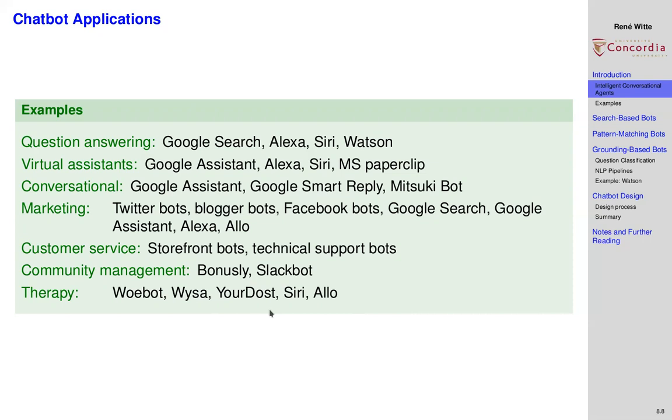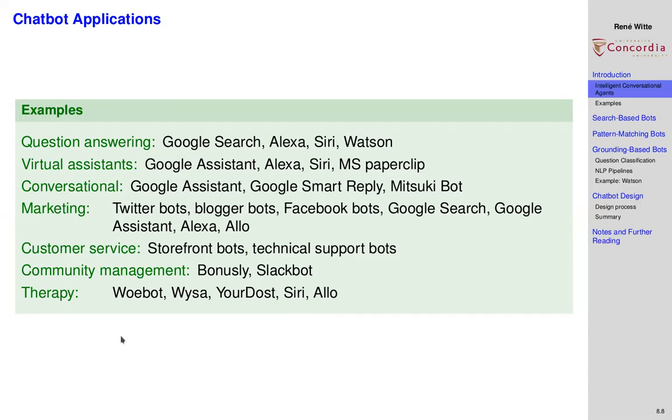The therapy bots, they go back to the very first bot, Eliza. Eliza was not really meant as a serious bot for helping people as a psychotherapist, but nowadays there are more and more bots that try to actually help users with various issues they have.